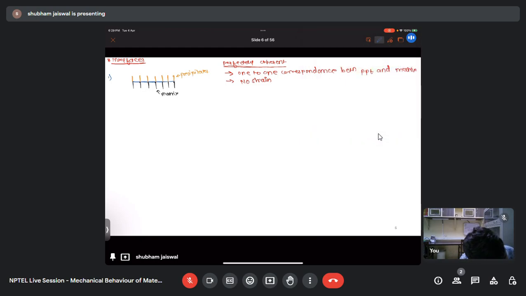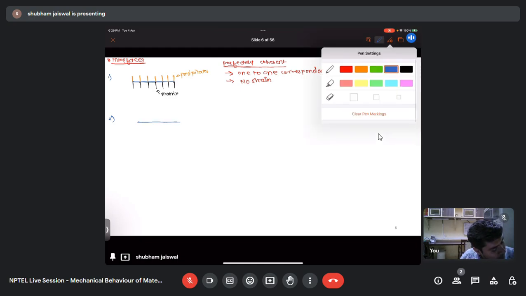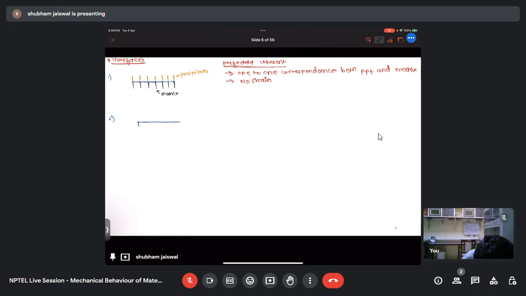Now the second case, where the matrix and the precipitates have one-to-one correspondence, but there is a small strain associated with it.